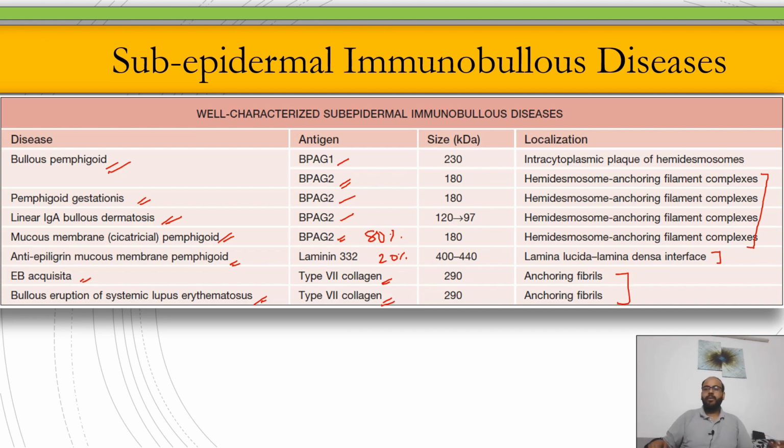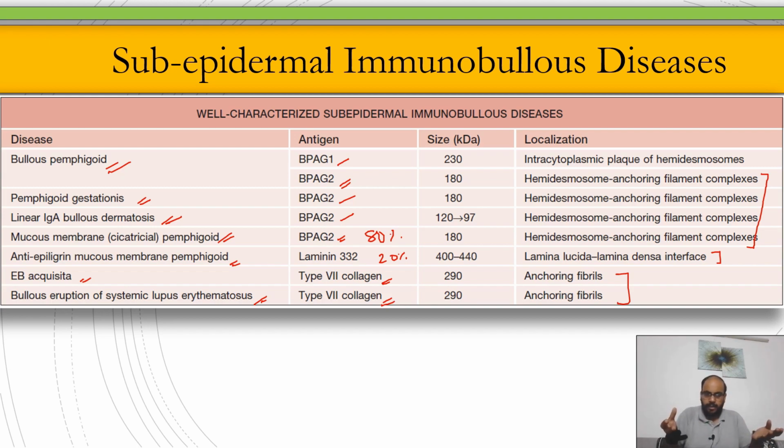Okay, now remember, the more superficial the split, the more flaccid will be the roof of the bulla. If the split is occurring at the level of epidermis or at the level of the basal layer of the epidermis, the roof of the bulla or the blister will be flaccid and it will break off easily, and the disorder will present more with erosions, not frank bulla.